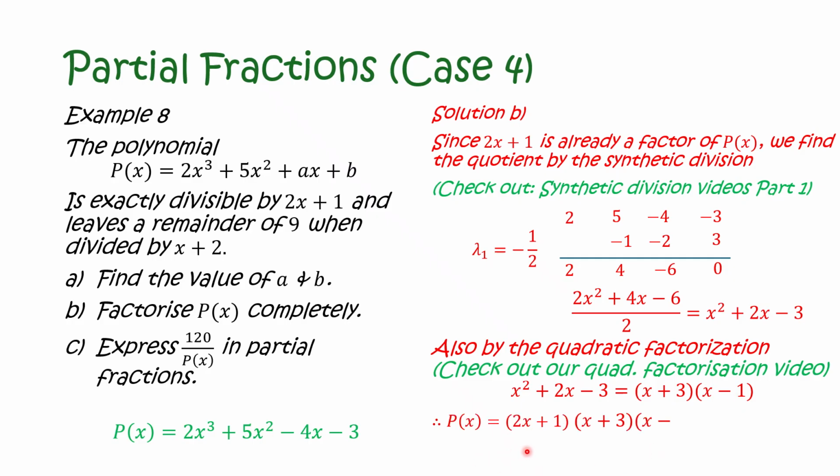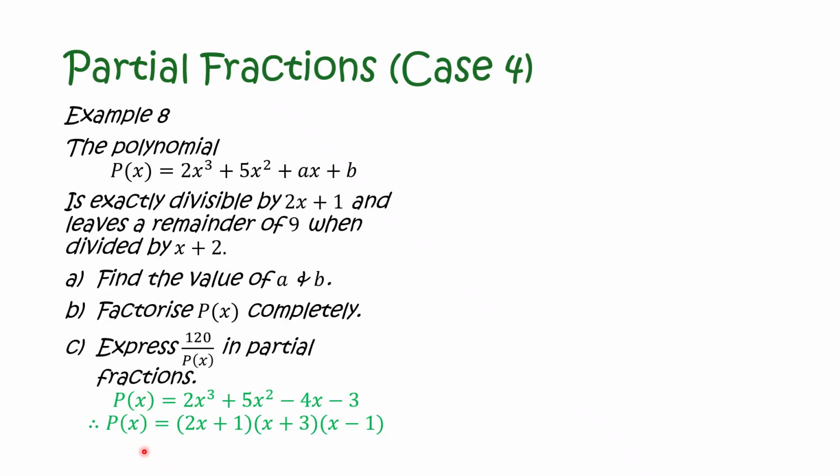So with that, we know that x squared plus 2x minus 3 is equal to x plus 3 times x minus 1. Therefore, p of x is equal to 2x plus 1, which was the factor we were given already, times x plus 3 times x minus 1, which we obtained from the factorization method in the end.